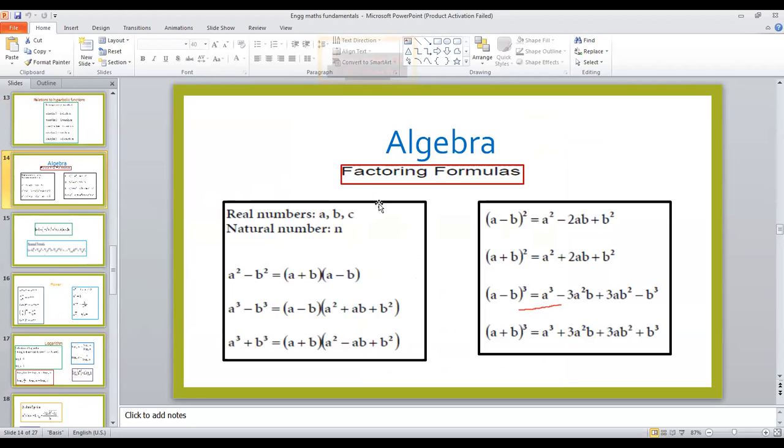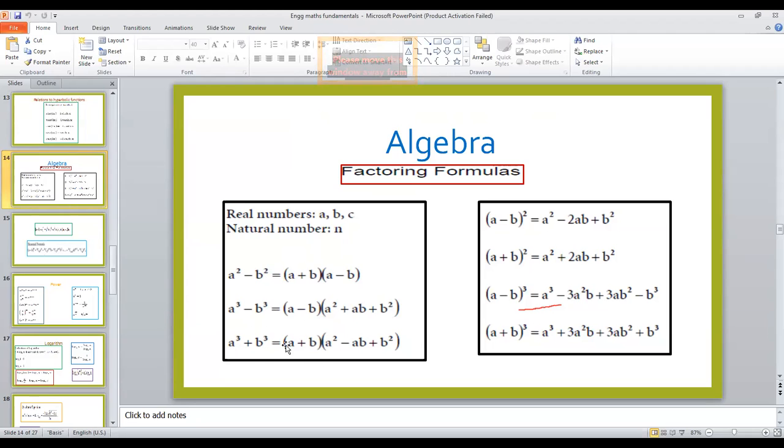Yes. Now what is next? Algebra. In algebra, you have to study some formulas. They are in the form of expansions. Simple expansions are there for real numbers. For a, b: a square minus b square is a plus b into a minus b. A cube minus b cube is a minus b into a square plus ab plus b square.